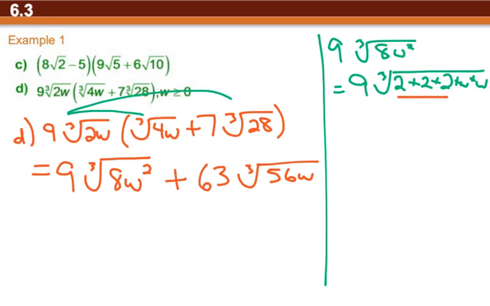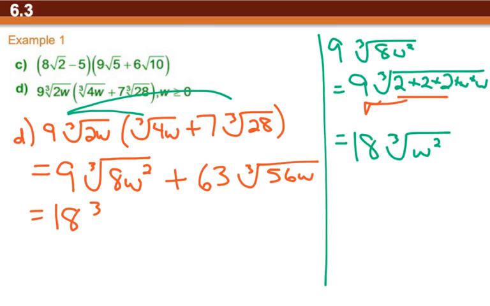We have 3 2's. Take those out, multiply them into the 9, which would give us 18 cube root of, and our leftovers are w squared. So the 9 cube root of 8w squared is really 18 cube root of w squared.